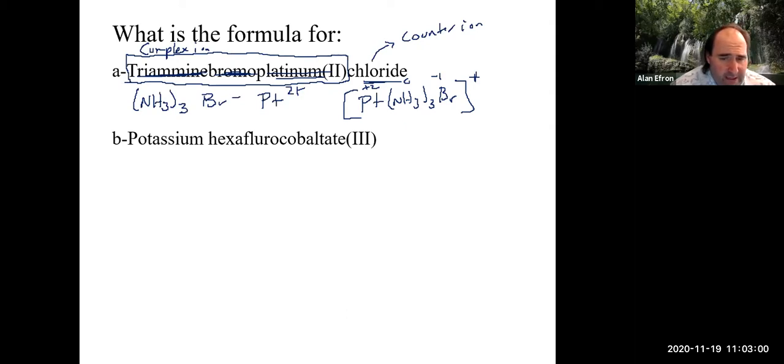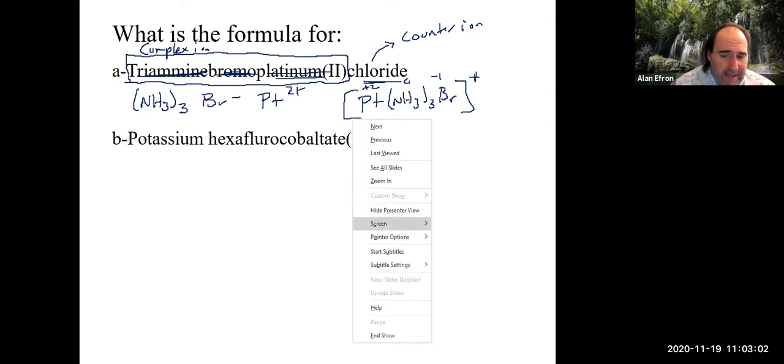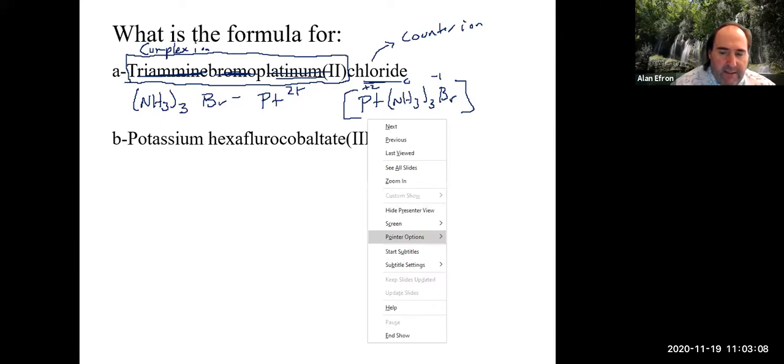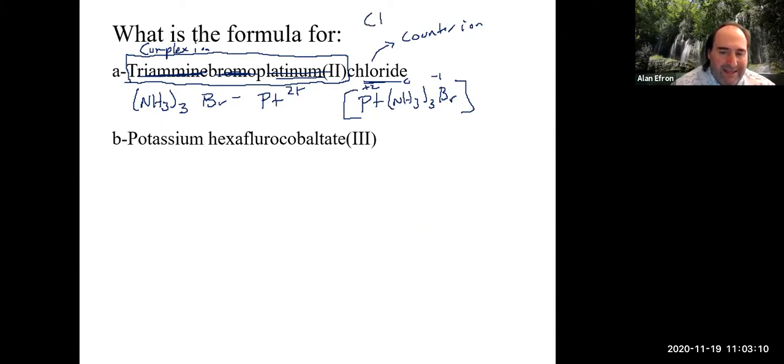And that is why we use platinum as the name, because our complex ion is positive. And that's important because our counter ion is chloride, which should be Cl-. So we would just need Cl here. And that should be our formula here. Any questions on that one?